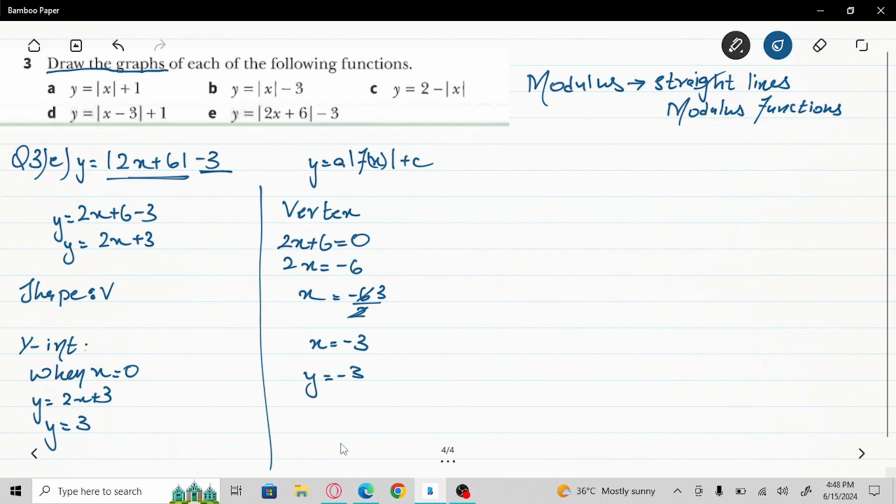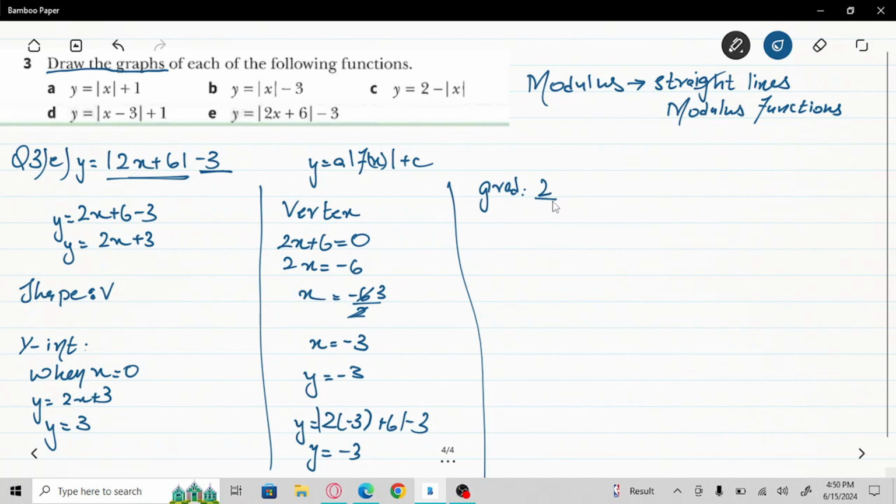Let me counter check it again. y equals, just input the value, 2 times negative 3 plus 6, minus 3. We do 6 minus 6 plus 6, y equals negative 3. That's it. So we have the vertex, we have the y-intercept, and we have the shape. We do not have the gradient, however, we can find it. With the x coordinate, we have the value 2.